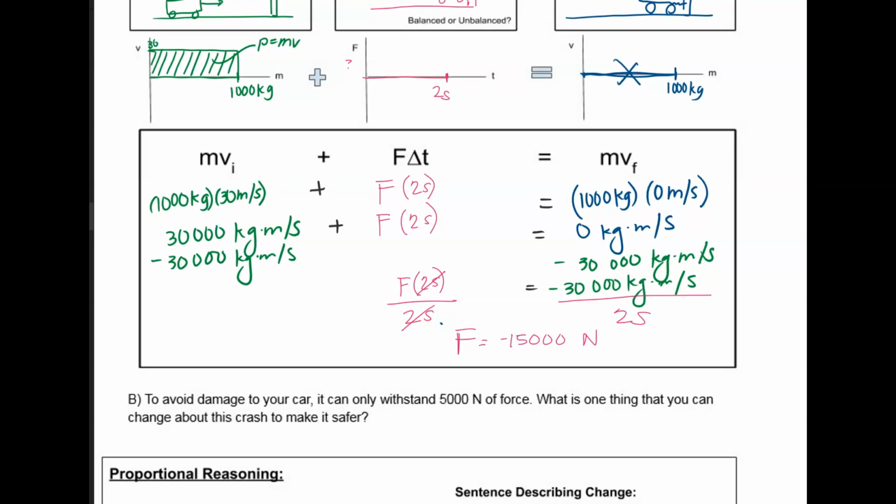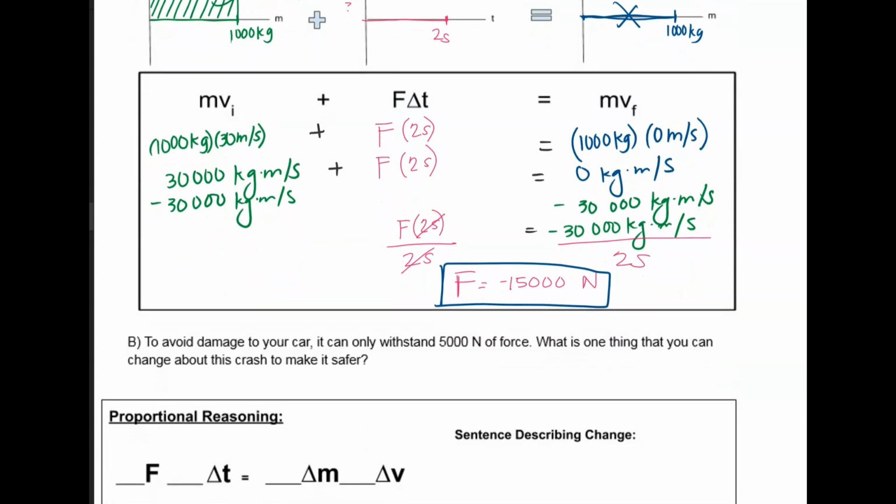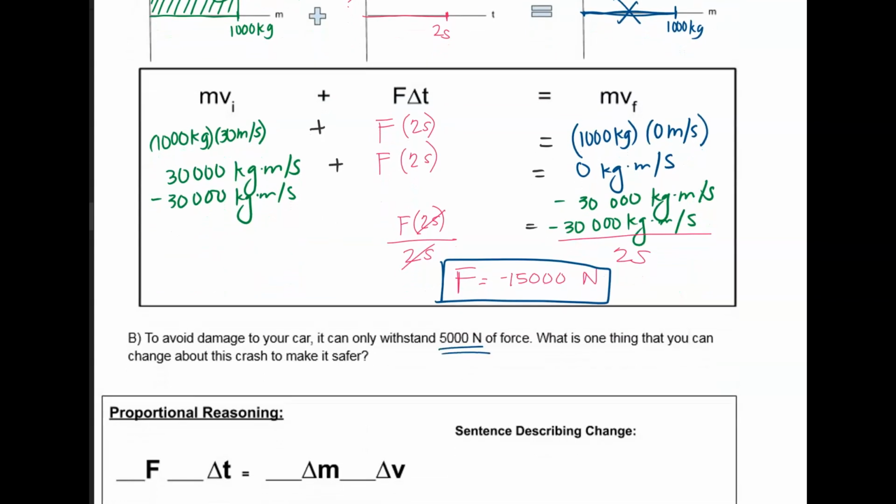So our final force is 15,000 newtons, but we know that it is not necessarily negative, it is 15,000 applied onto the car. So this 5,000 newton of force, to avoid damage to your car, we want to take 15,000 and decrease it to 5,000.